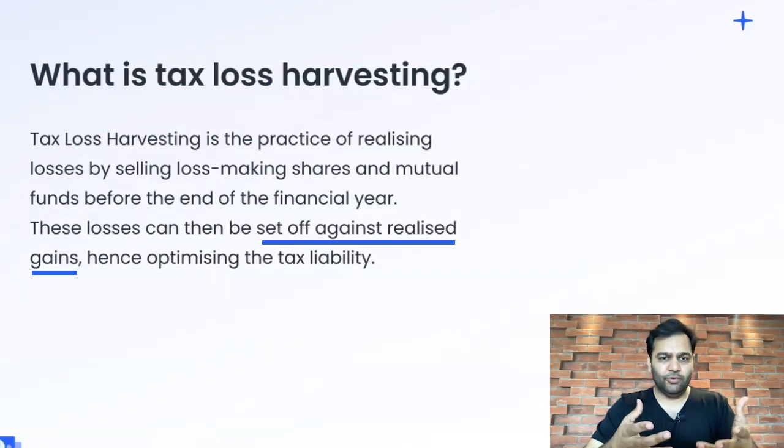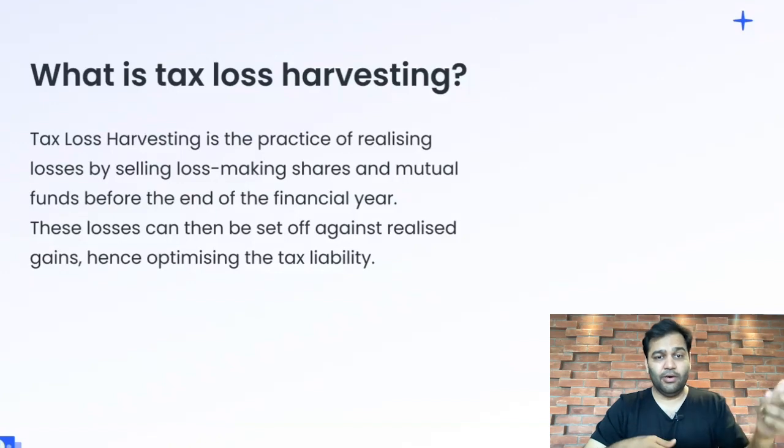That helps you reduce your taxable capital gains income. Now, remember in the previous slides, we talked about capital gains being special rate incomes. They're taxed at 10% or 20% if long term, and 15% or slab rate if it's short term. So by reducing your capital gains income, you are reducing your tax liability, right? So it's a very good way of saving your taxes.